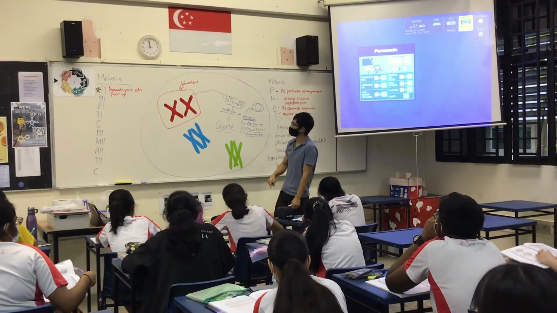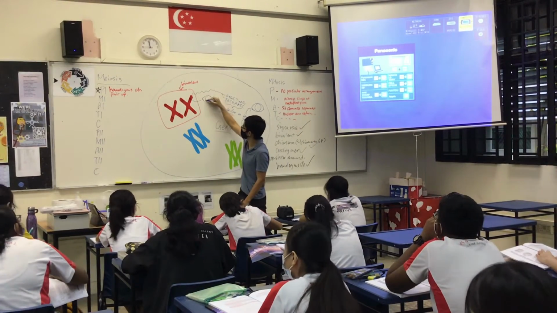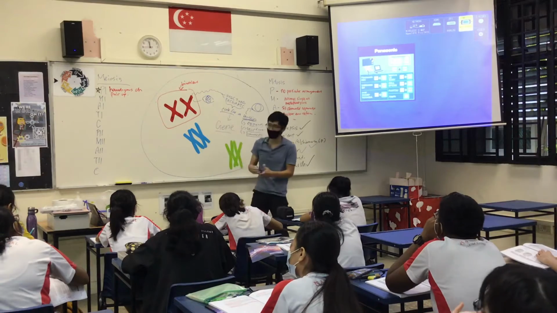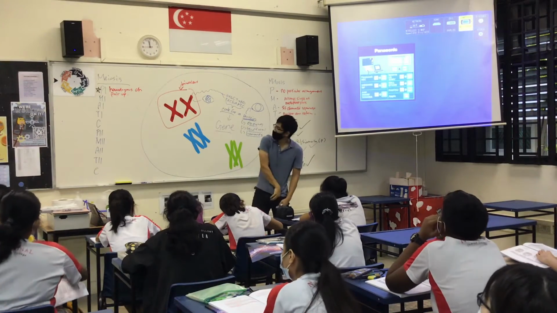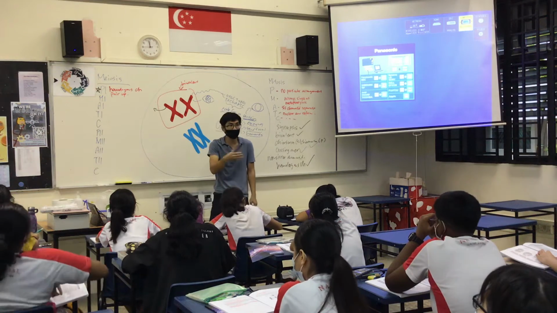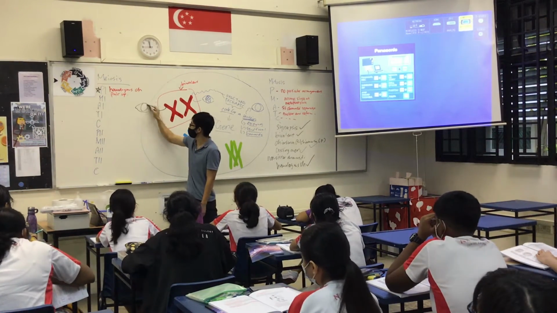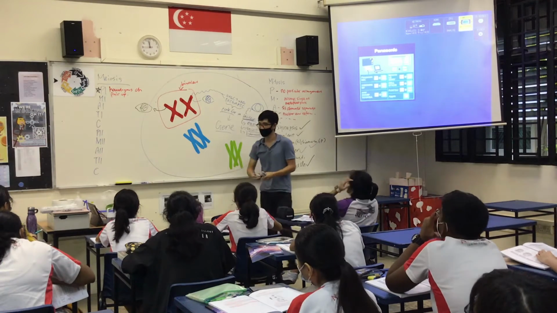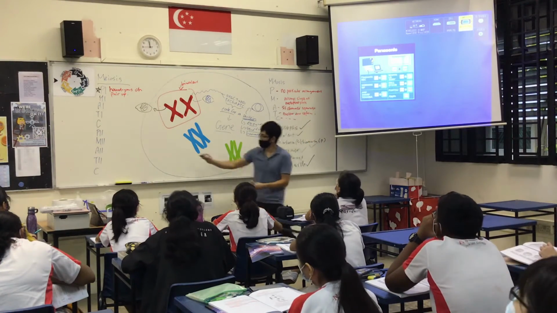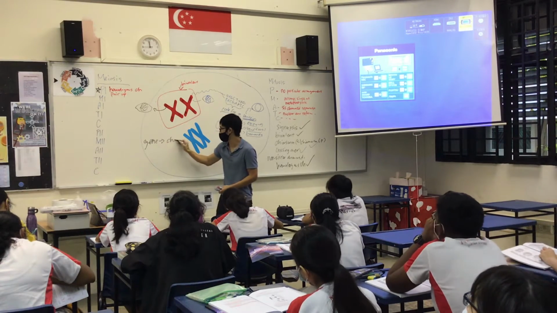What do I mean by that? So, if small a represents the gene for blue eye color, big A may represent another form of the same gene that perhaps codes for black eye color instead. So, a gene codes for a characteristic.